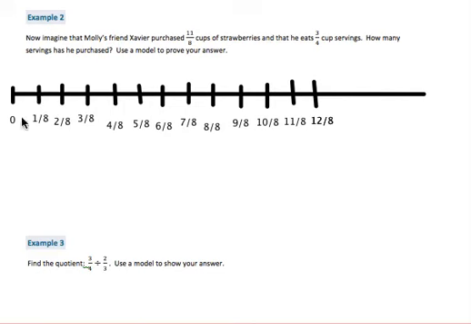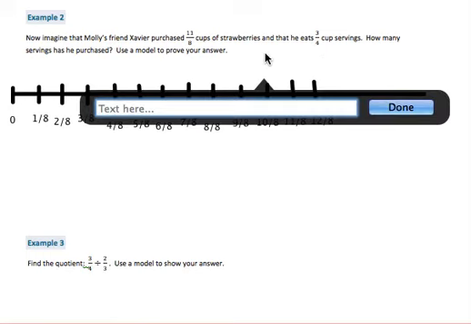So this time around, in our 11/8 cups, we're going to have to find out how many eighths 3/4 cup is before we can find out the number of servings.